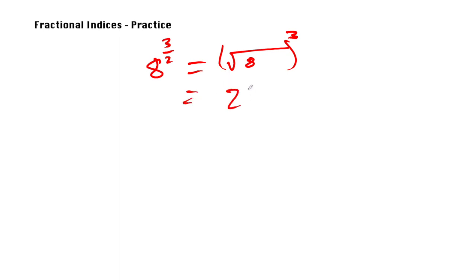So let's try 8 to the power of 3 over 2. That means that is the square root of 8 to the power of 3. So the square root of 8, I think, is 2 root 2.